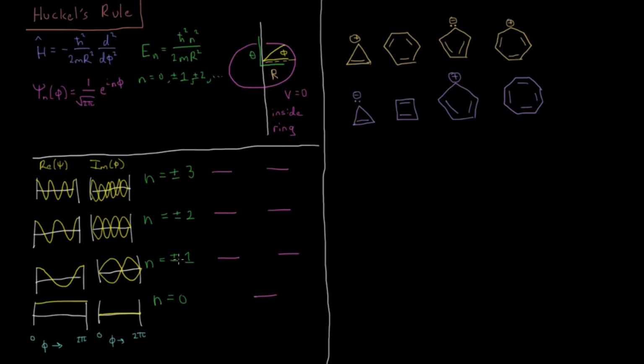At n equals plus or minus 1, the real part goes down and up once around the ring, and for plus and minus 1, they have different signs for what their imaginary part does. Then at n equals plus or minus 2, twice for the real part, and again twice for the imaginary part, but they have different signs. Same thing at n equals plus or minus 3. But what we notice here is we get this type of energy level diagram as we go up.